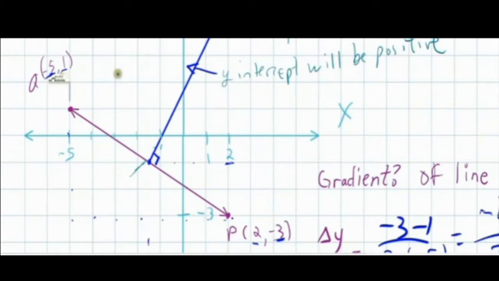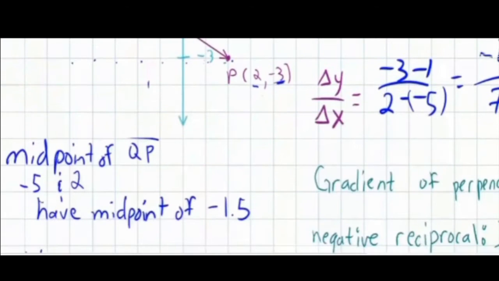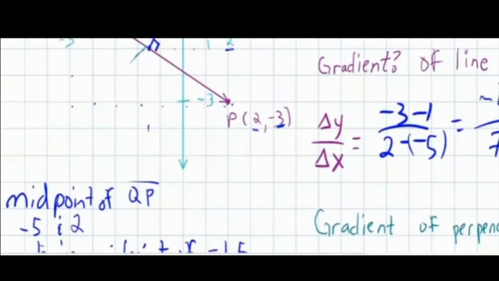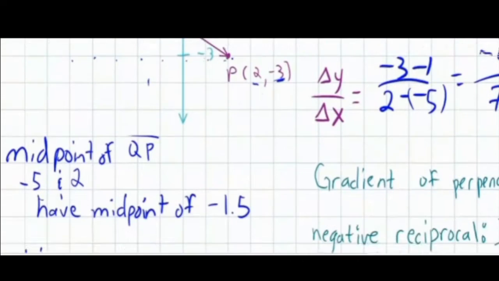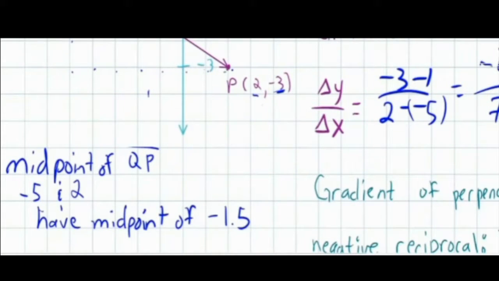And so to find the bisector of the line joining Q and P, we are essentially taking the average of our different positions. So here's -5, and here is +2 in the x direction. The midpoint of that is essentially the average of those two values.